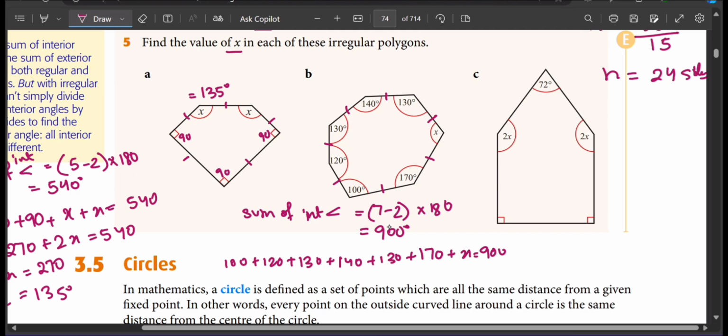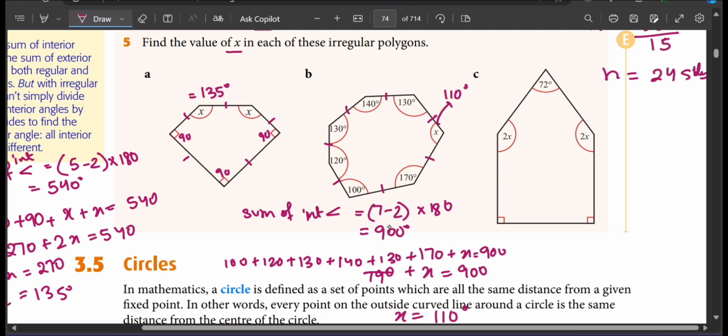And then 790 plus x is going to be 900, and x is going to be 900 minus 790, which is going to be 110 degrees. So x is 110 degrees.